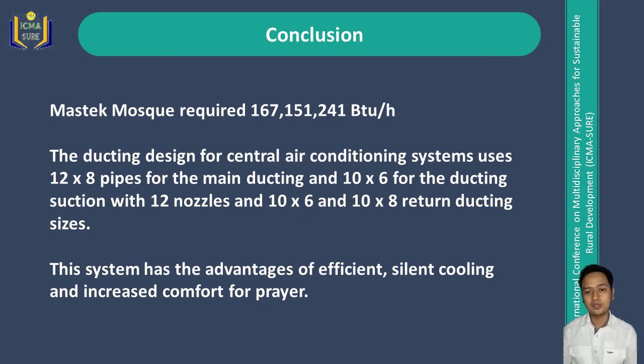Number 2, the ducting design for the central air conditioning system uses 12 by 8 pipes for the main ducting and 10 by 6 for the ducting section with 12 nozzles, and 10 by 6 and 10 by 9 return ducting size.